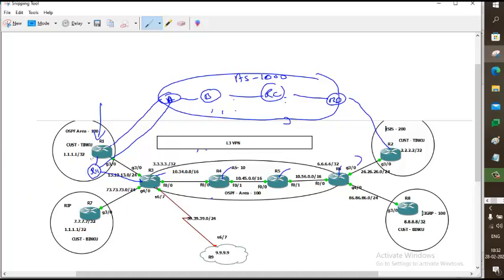You will have one connection here, one connection here, and in between these two, you will have IBGP.